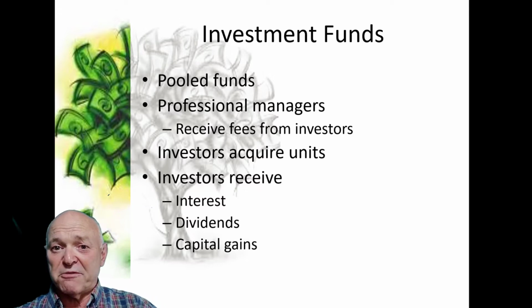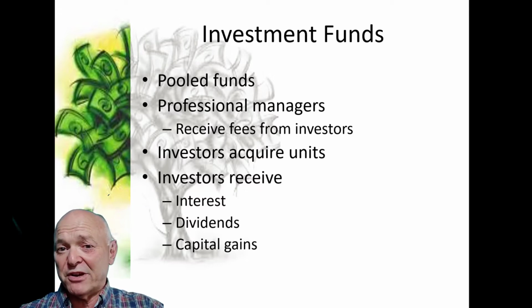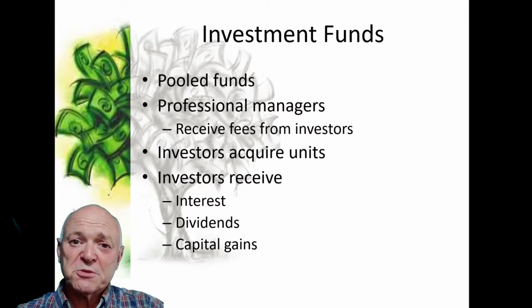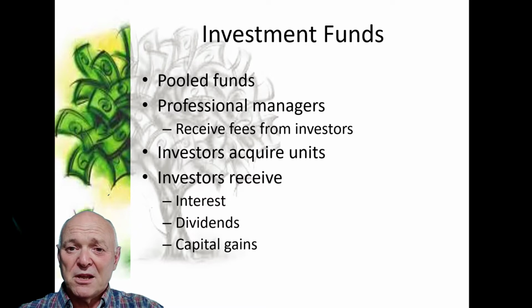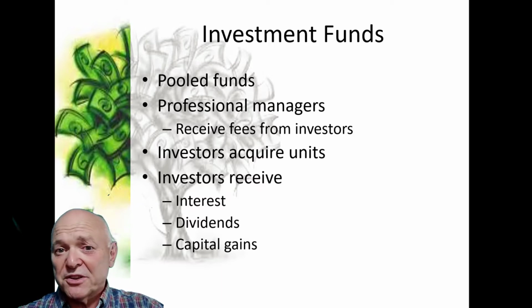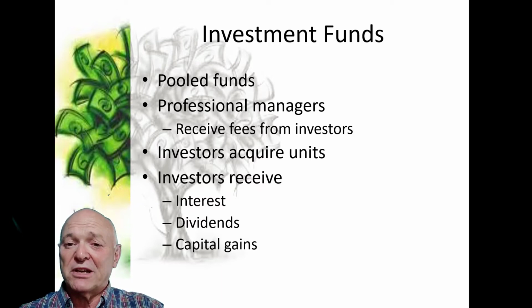In other words, the mutual fund itself becomes the investor. As a participant, you receive essentially a piece of paper that says that you are a participant in that mutual fund. You're entitled to receive all of the returns that any other investor would receive, including things like interest, dividends, and when the stocks perform well, capital gains.